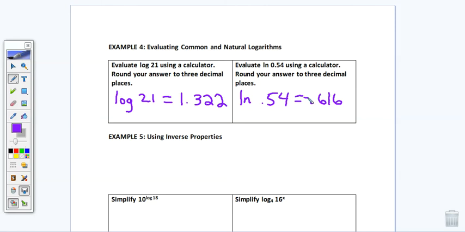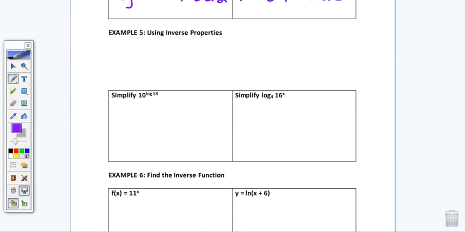All right, guys, using inverse properties. I need to give you 2 rules up here. You need to know 2 rules.